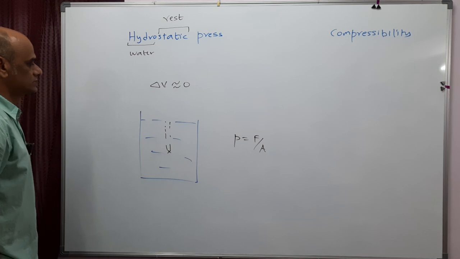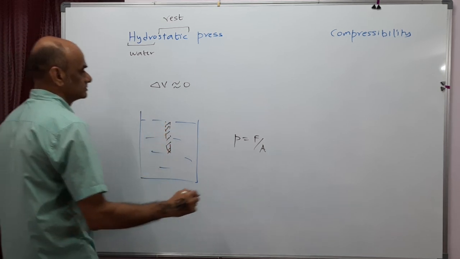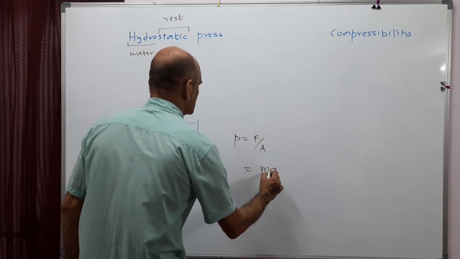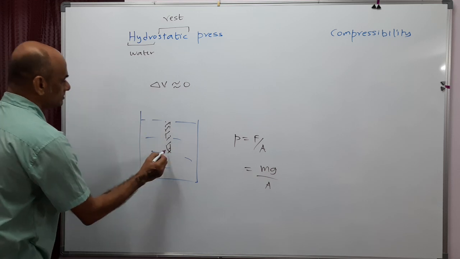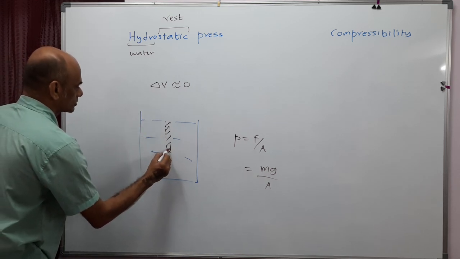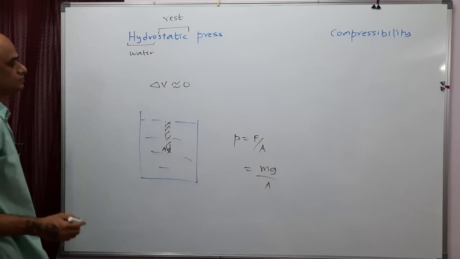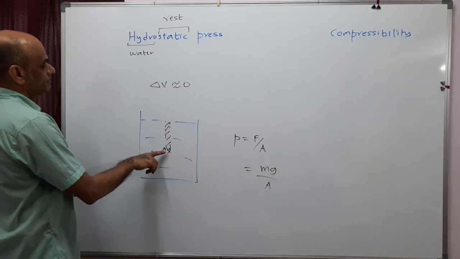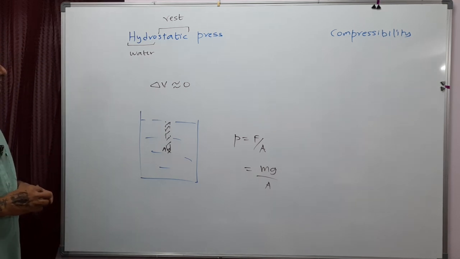Here the force is because of the weight of the water, so it's mass of the water into g divided by area. Let me take a column which has a cross-section area A. To find the pressure at this point, we can find the force acting on this area A and divide by the area, which gives the pressure.